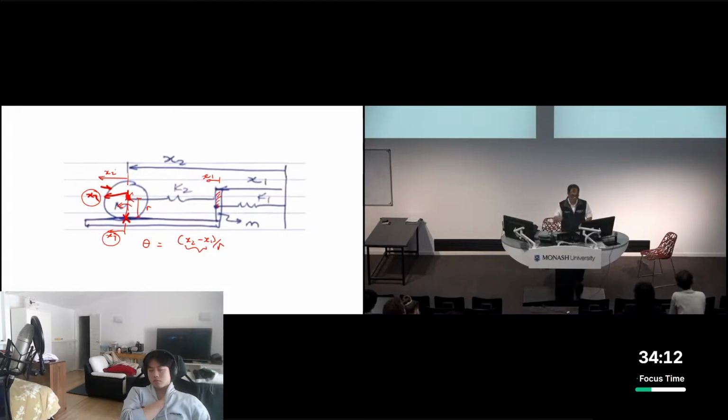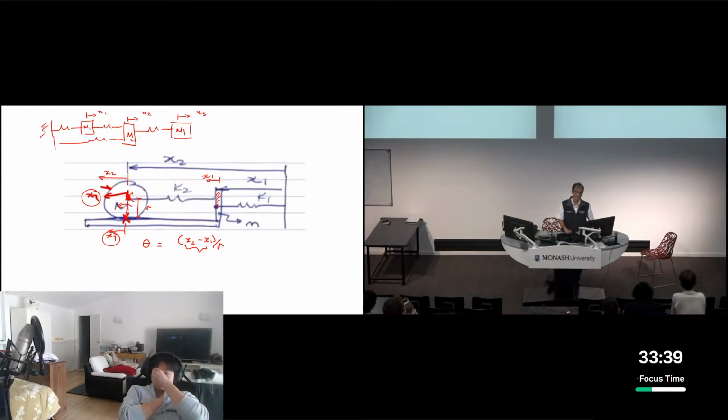If I have M1, M2, and then M3, because when it responds, this is going to move, this is going to move, and that's going to move. So I call this X1, X2, and X3. And this is only purely by convenience, which is why I call this my generalized coordinate. Okay?